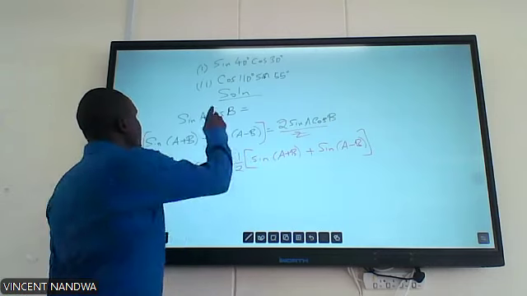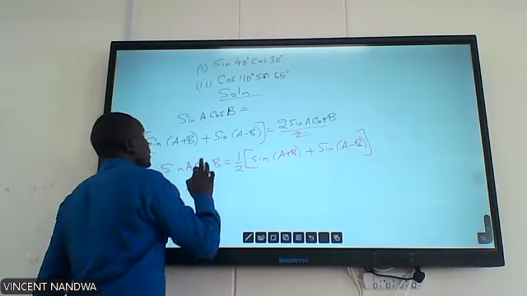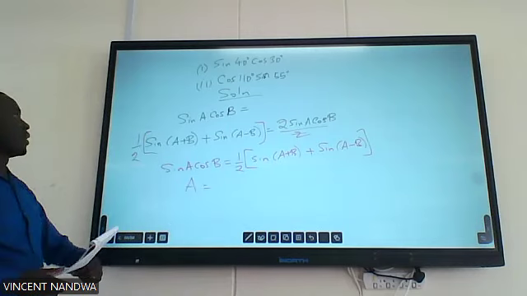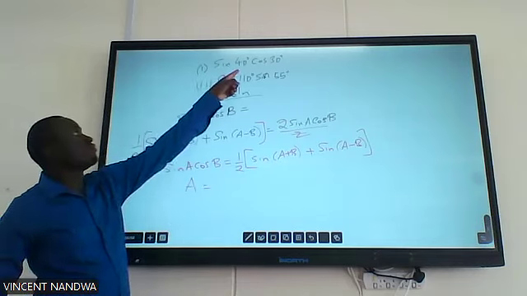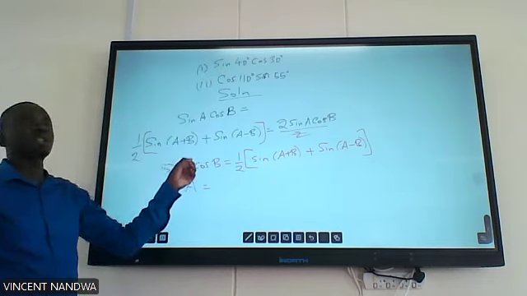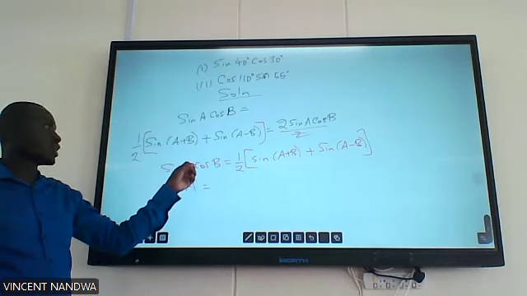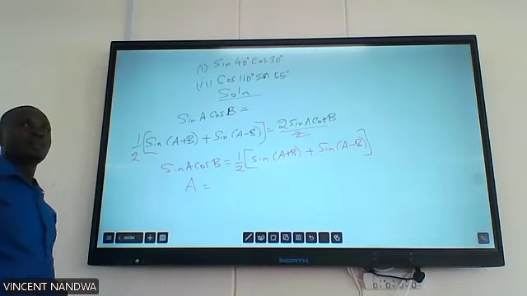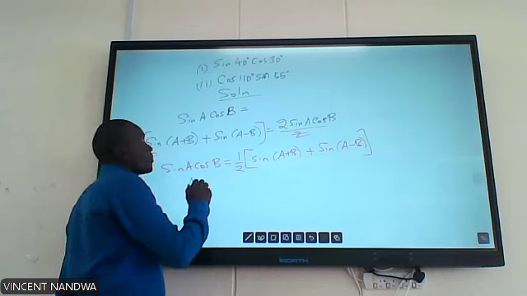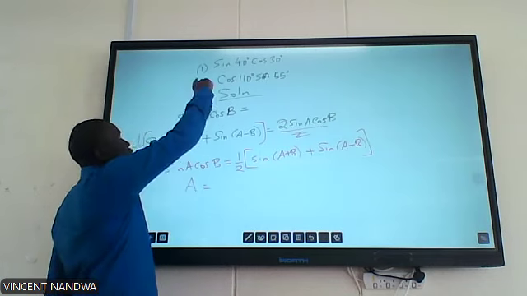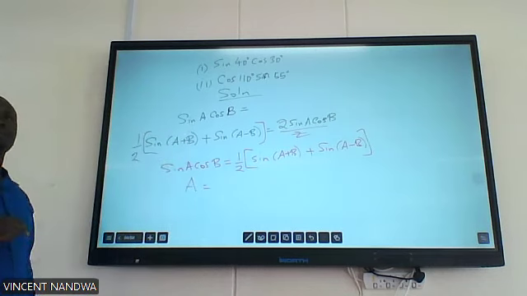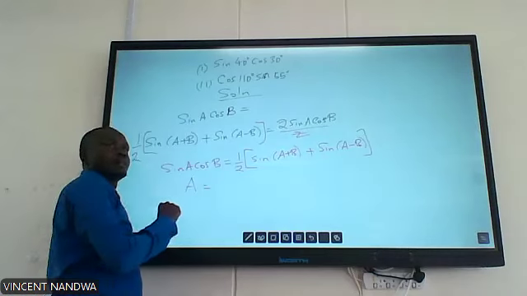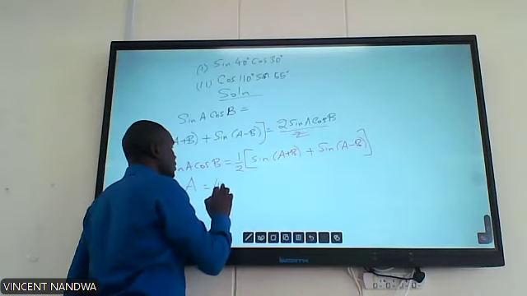So what is our A in this case? In the problem, remember, this question, sine 40 cos 30, takes this structure: sine of an angle times cos of another. So our A is which value? If we relate the formula to what you have to solve, A is 40 degrees.